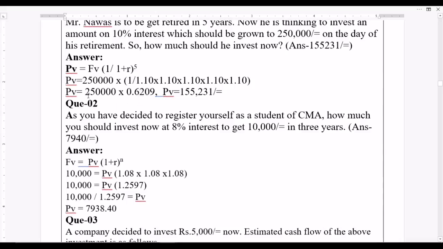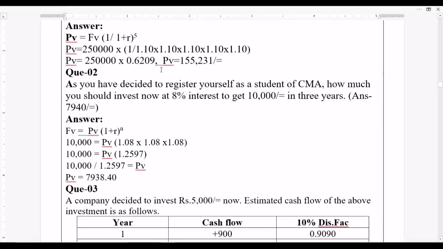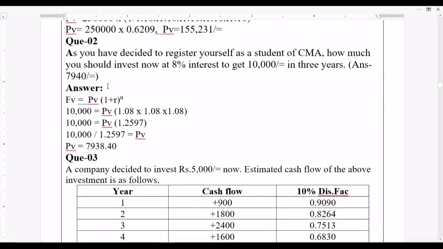So the present value of 250,000 is 155,231 rupees. Yes, 155,231 rupees. This is the present value of 250,000.